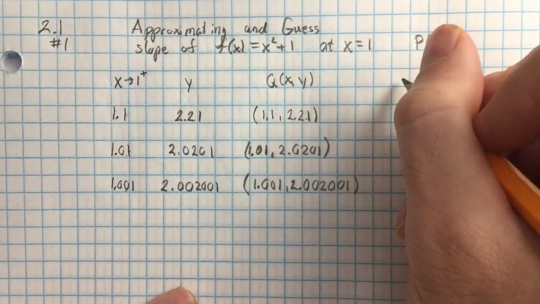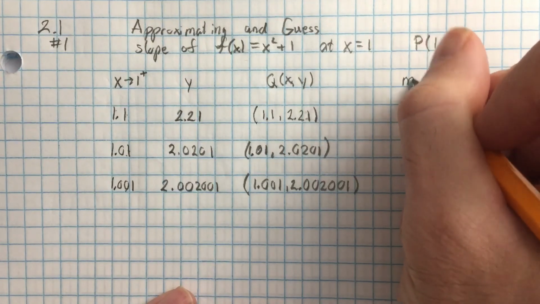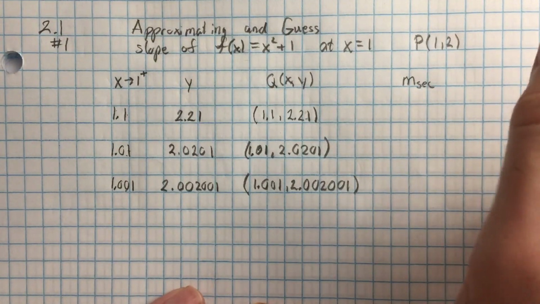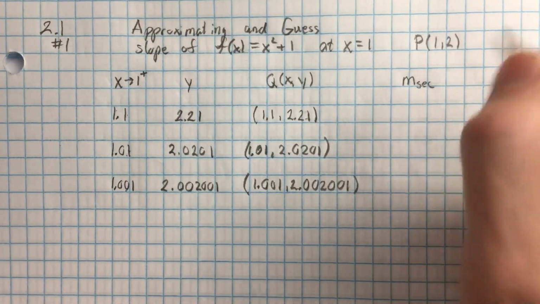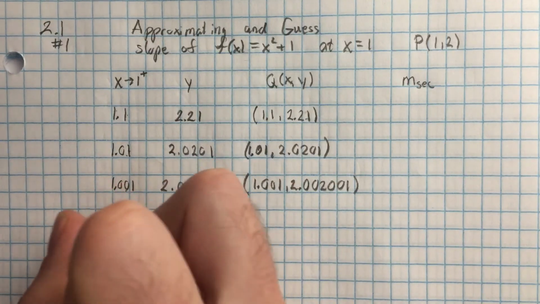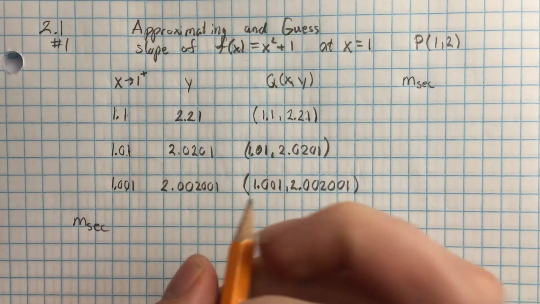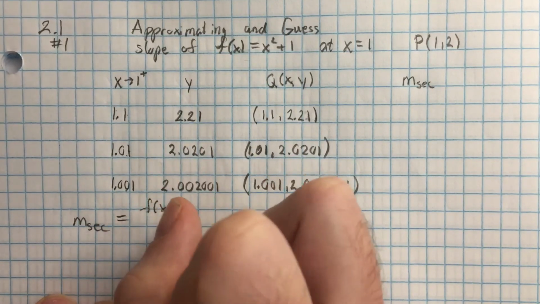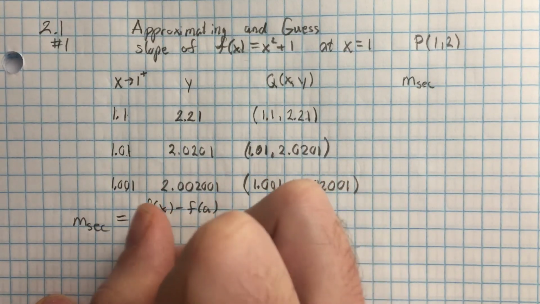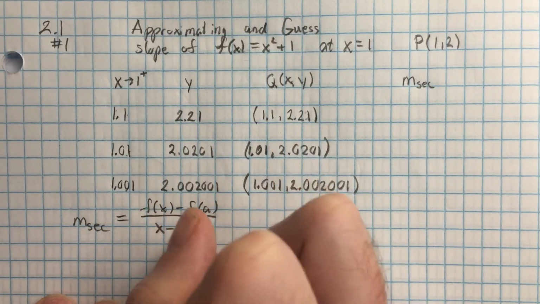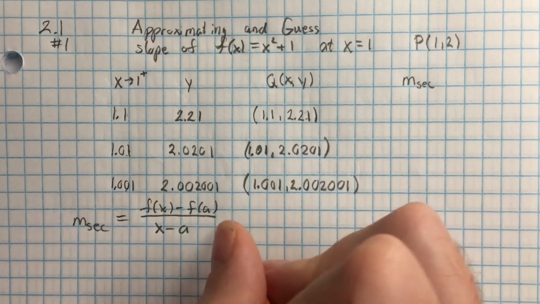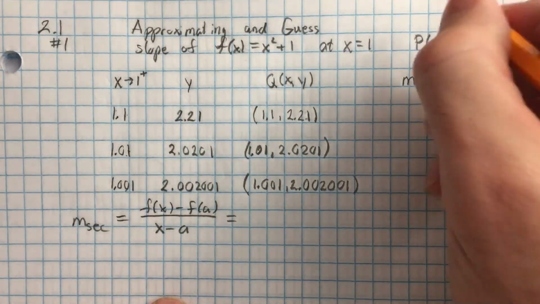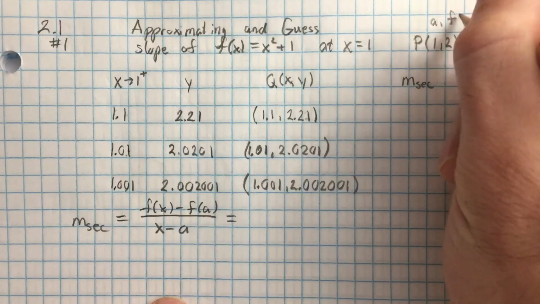And then the final thing in the table they have is what they have a notation for, m secant, the secant slope. So what we're doing here for this secant slope, m secant, is going to be, like we saw a minute ago, f of x minus f of a over x minus a. Now in this case, a and f of a are this, right?